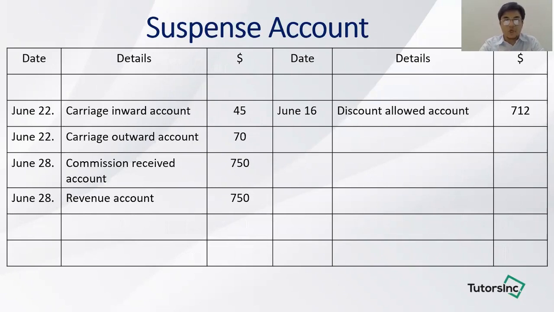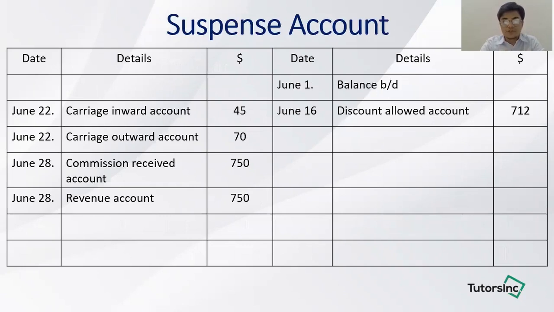It is time for us to balance the suspense account in order to find our balance BD and know which side of the suspense account or which side of the trial balance was actually deficient and by how much. So the total of the bigger side, which I think is the debit side, is 1615, and the credit side is actually 712.